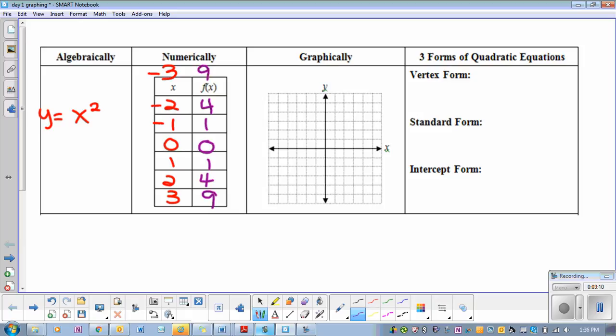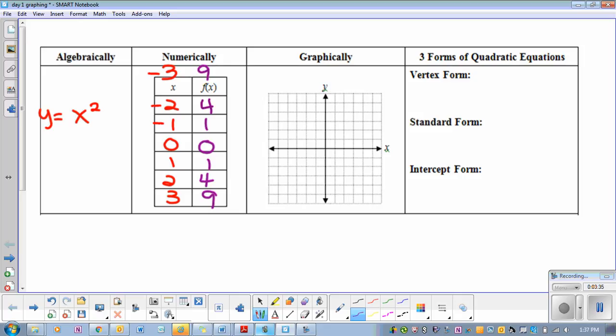Just in case you are graphing this without a calculator, basically you're plugging these x numbers into your equation. So 0 would be 0 squared. What's 0 squared? 0 times 0? 0. 1 squared. 1 times 1? 1. -1 squared. -1 times -1? 1.